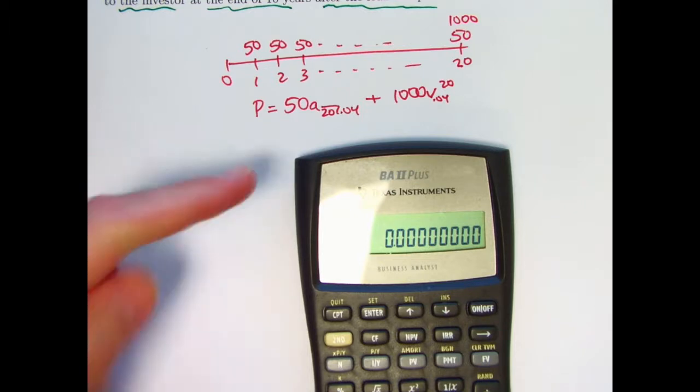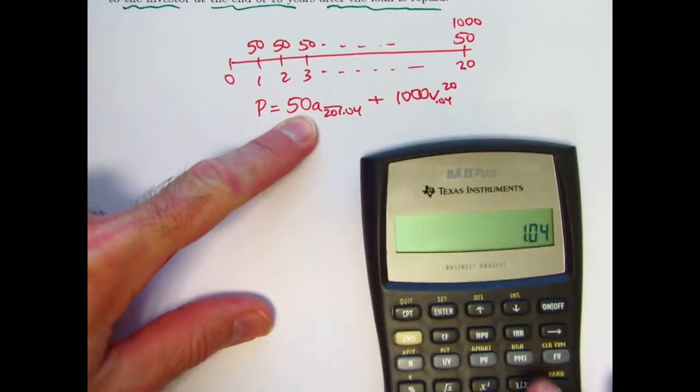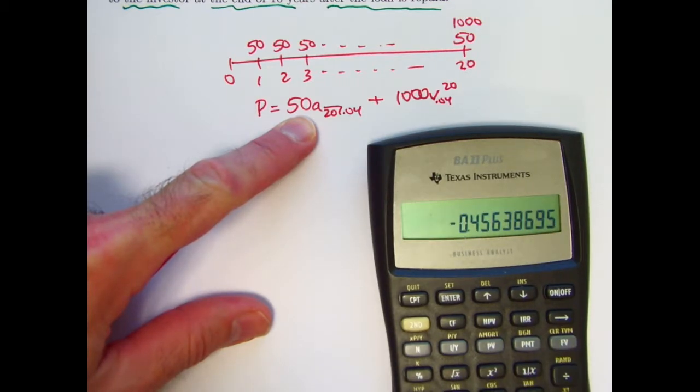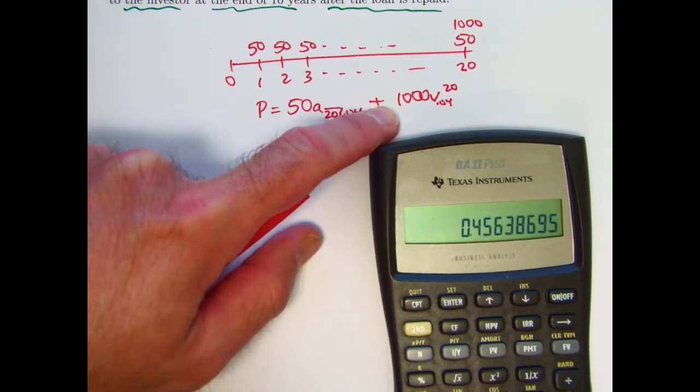First, calculate the value of a. Take 1.04, take its reciprocal, raise it to the 20th power, subtract from 1, divide by 0.04, multiply by 50. About 679.52. I'll store that in register 1. Now calculate this, 1.04 reciprocal to the 20th power times 1,000.